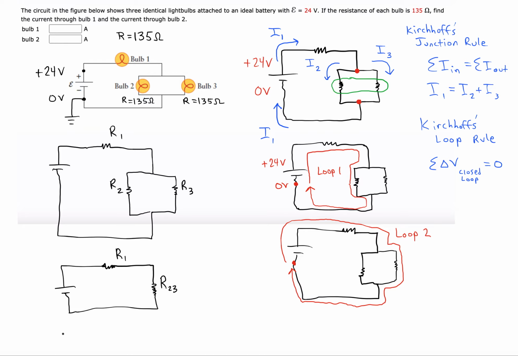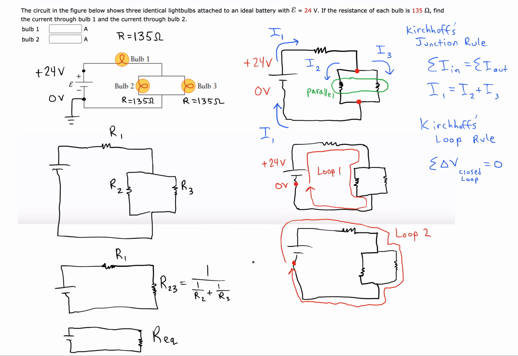And then finally, we can simplify the whole thing down into just one resistor for the whole circuit, which we'll call REQ. All right, so what rules did I use? These guys were in parallel. So we want to use the rule for parallel. The rule for parallel, though, is that weird rule: 1 over R2 plus 1 over R3.